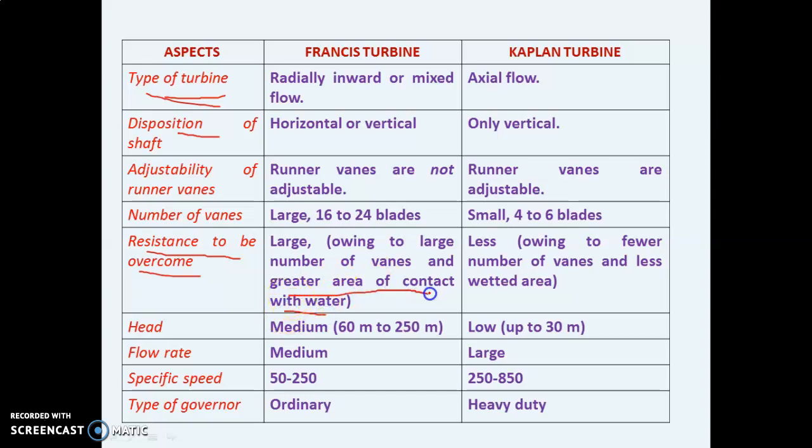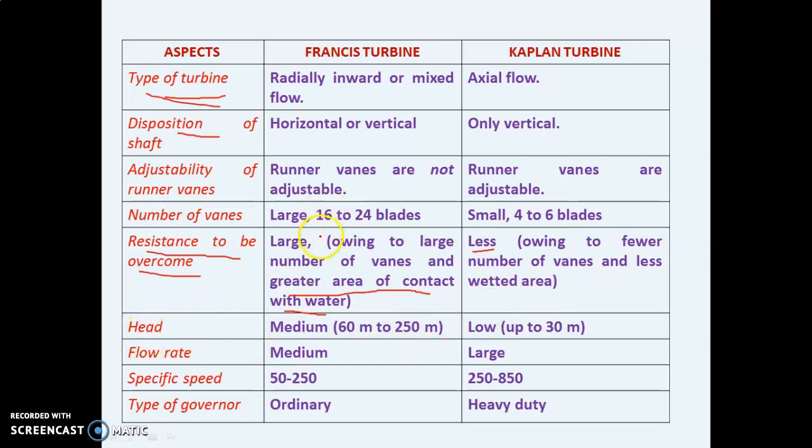In case of Kaplan turbine, the resistance to the flow of water by the turbine is less. It is due to the lesser number of blades, and as the number of blades is less, there is less area of contact of the blades with the water.